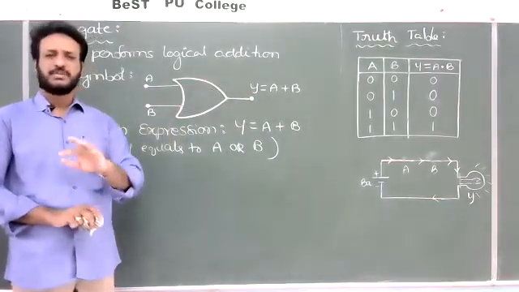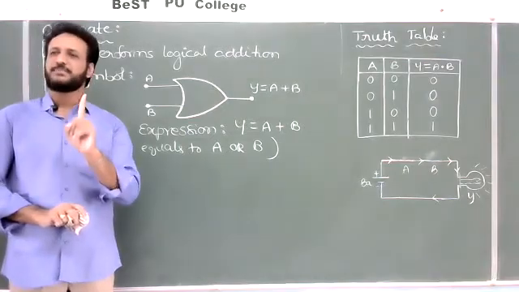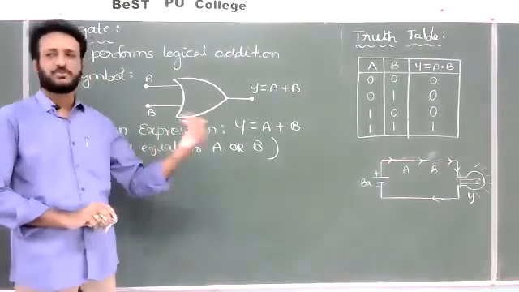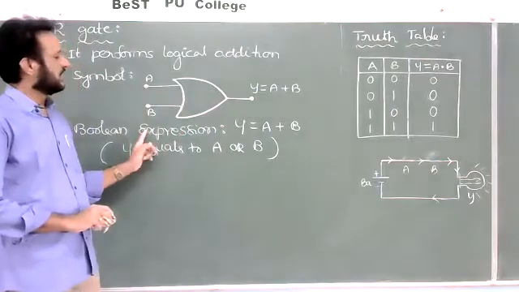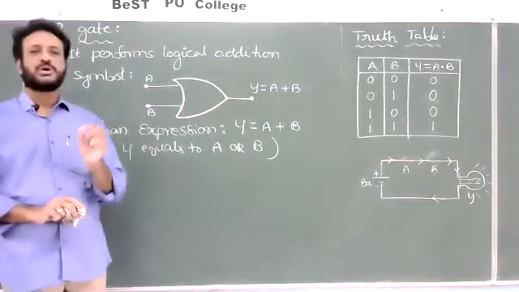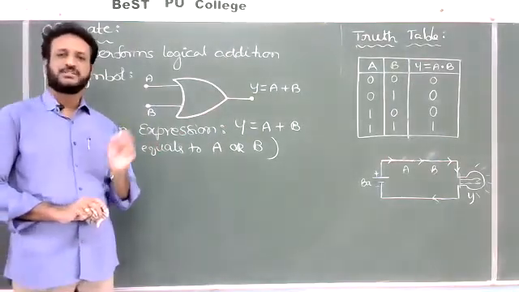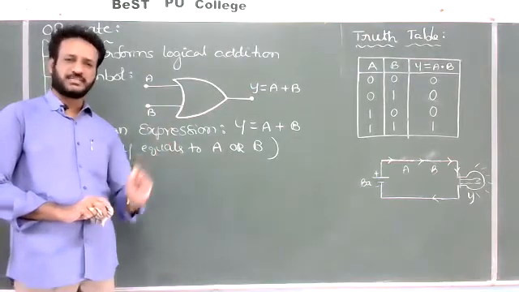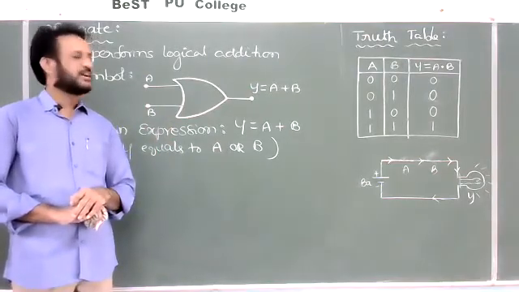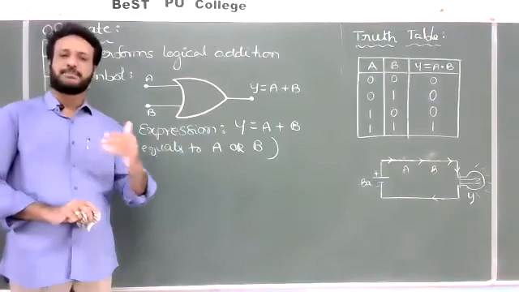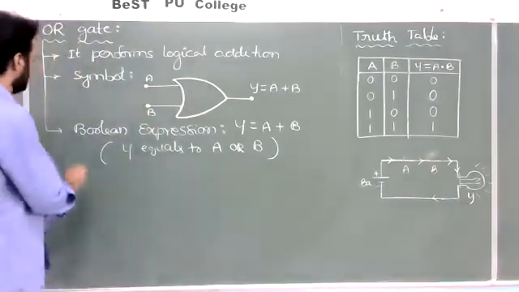There is no need for both inputs to be high. If at least any one input is high, then automatically the output is high. It is a logical circuit whose output is high when either A or B is high.